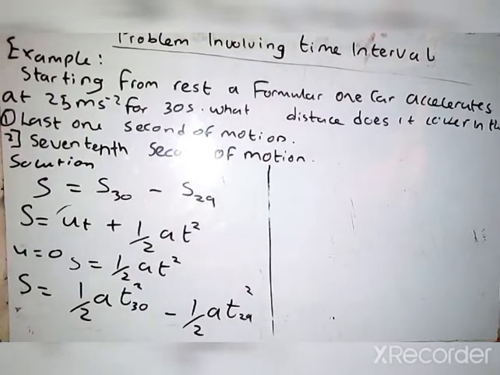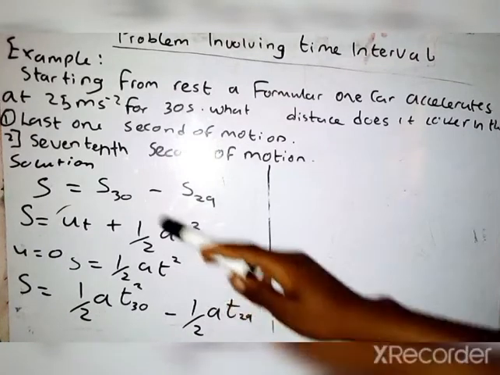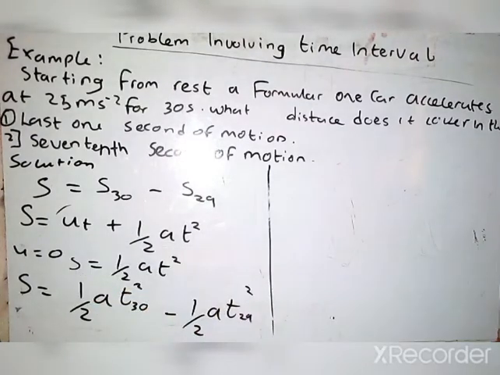You know that in this place we have the case when U is 0, when the initial velocity is 0. So let's derive the formula. You notice that in this place we have 30 and in this place we have 29, so this is reducing by 1. 30 minus 1 gives 29.